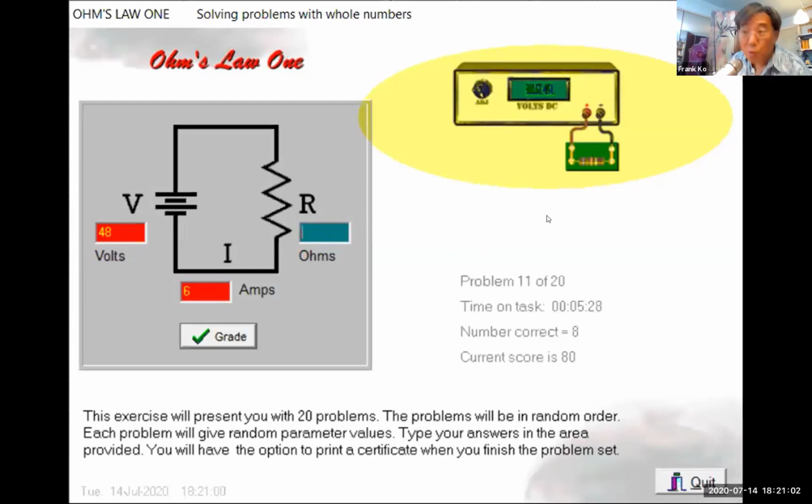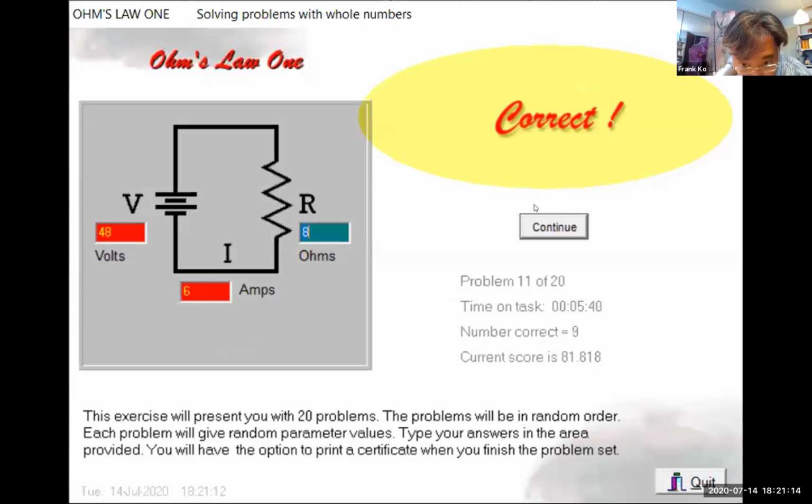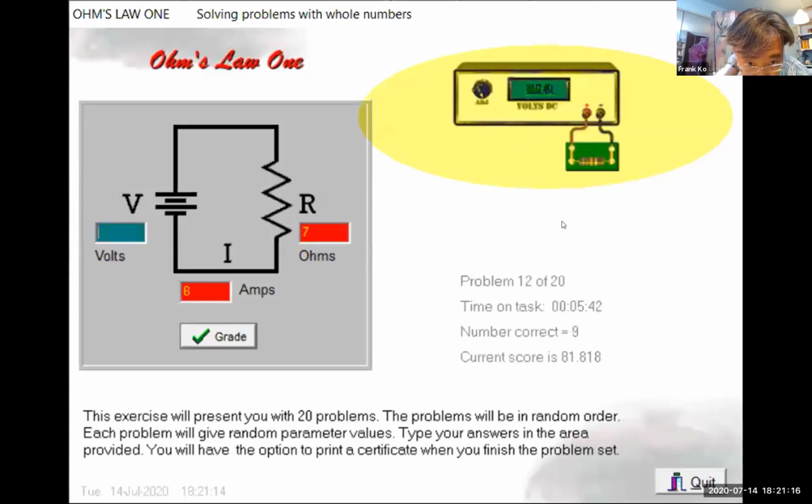I am looking for resistance. Question goes to Frank. What do you got? 8 ohms. We will type in 8, and it likes this. We're more than halfway through. Let's continue. 7 ohms at 8 amps. I am looking for a voltage. Question goes to Ephraim. 7 ohms, 8 amps. What's my voltage?